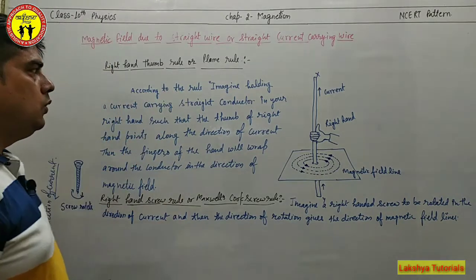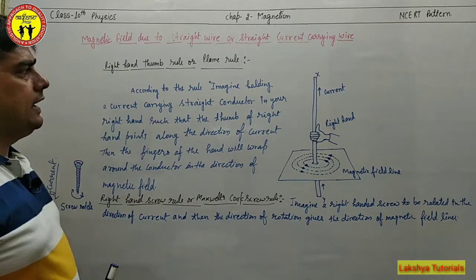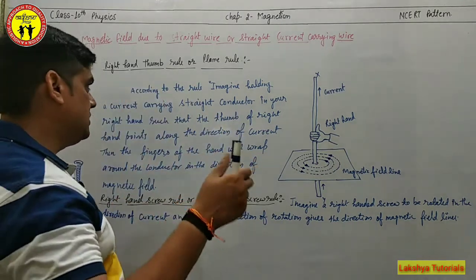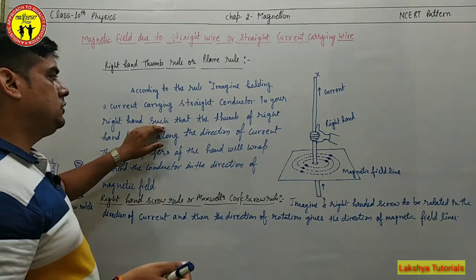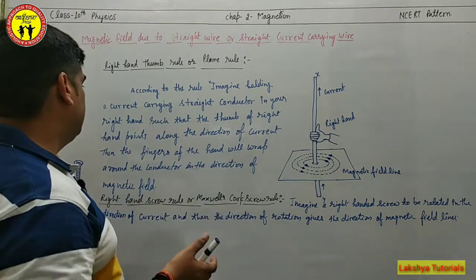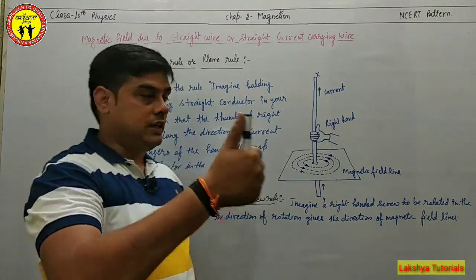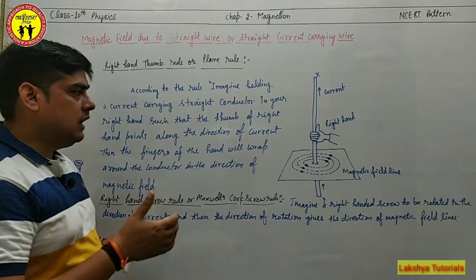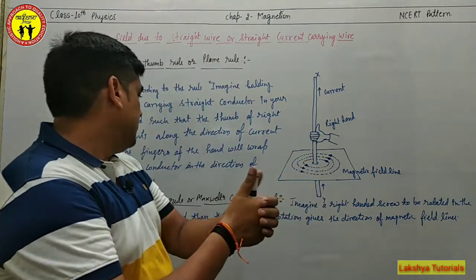According to the rule, imagine holding a current carrying straight conductor in your right hand. This is the right hand thumb rule. Hold it such that the thumb of the right hand is along the direction of current, then the fingers of the hand, जो fingers हैं इस hand की, उनका क्या direction?